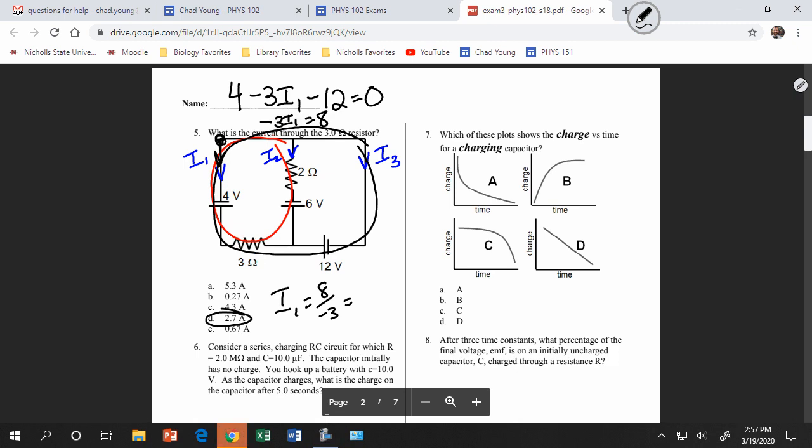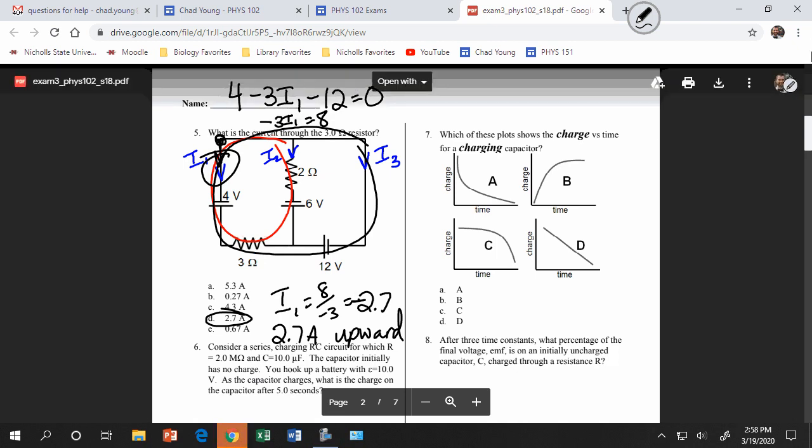And notice that since it came up negative, I didn't ask you for a direction, but since it came up negative, I know that I chose this direction for I1 incorrectly. So I1 should be 2.7 amps upward.